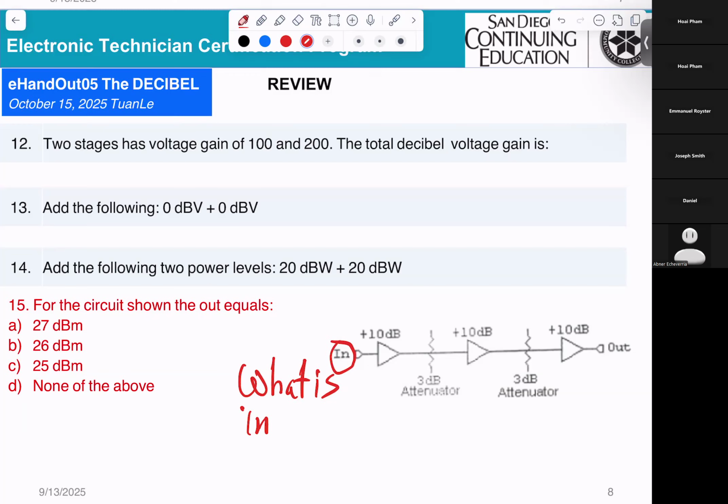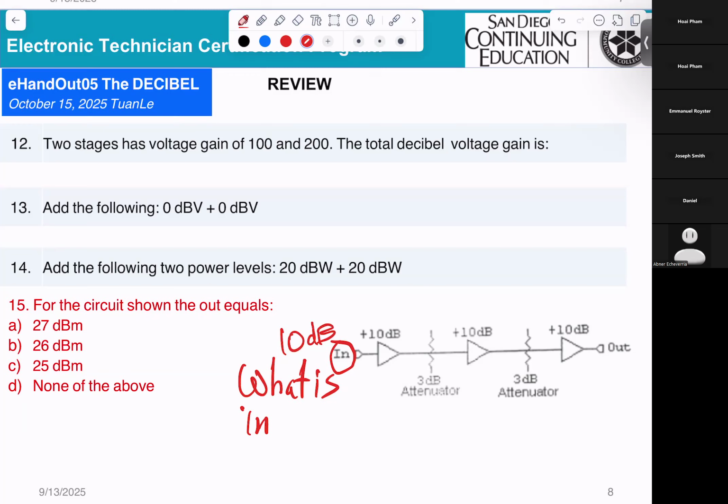If they give you a 10 dB here, so input is 10 dB, and you get 20 minus 3, which is 17, 27, and 10 is 27.